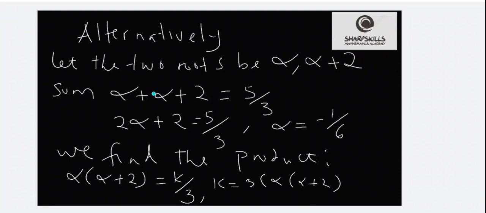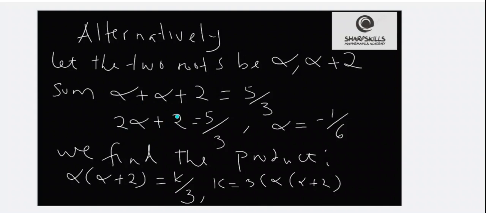Now, when you get the sum of these two roots, you're going to have 2 alpha plus 2, which we are going to equate with the sum of the original equation, which is 5 over 3. In this case, you are solving for the value of alpha here.